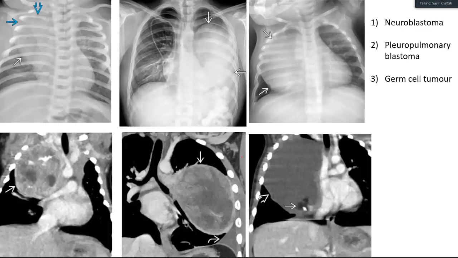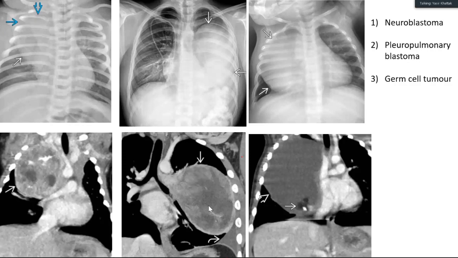Now, not every mass-looking appearance in children is a case of Askin's tumor. There are so many other things to consider. The first case you see here looks exactly the same, with calcification. It's a paraspinal mass with similar appearance, and the rib appears to be affected. Difficult to see, this is a case of neuroblastoma.